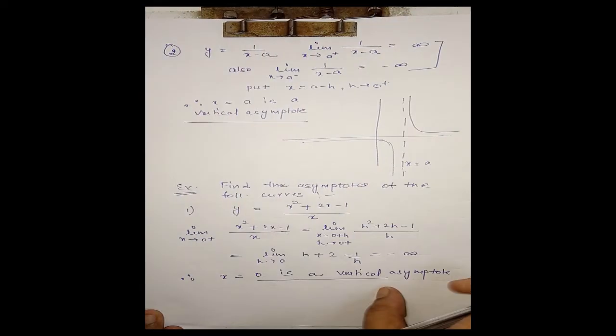Okay, next we check for horizontal asymptotes. For that we have to take limit x tending to plus infinity or minus infinity.